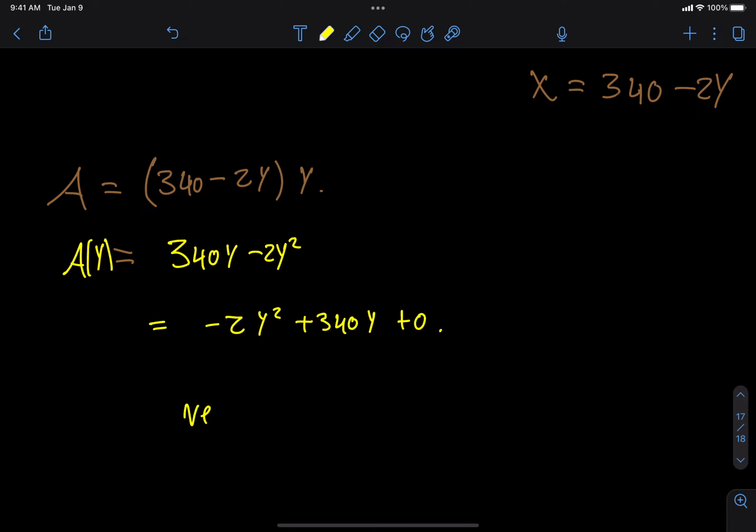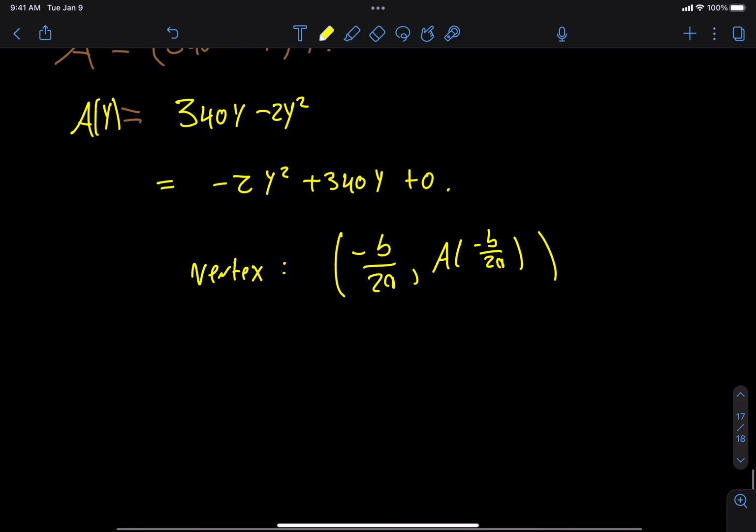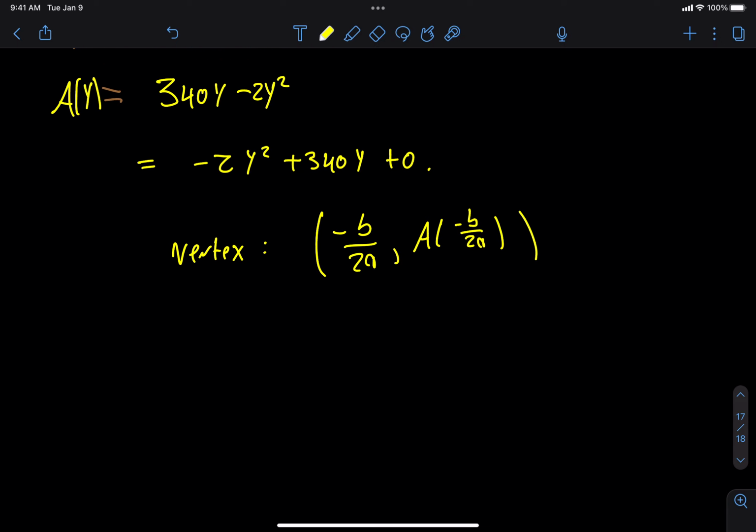And the vertex will be at negative b over 2a comma a of negative b over 2a. So negative b over 2a is negative 340 over negative, 2a is negative 4, excuse me.